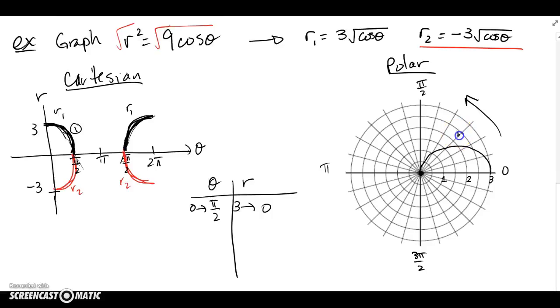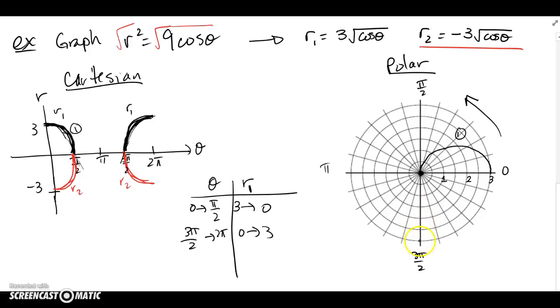So that's piece 1. And then if I stick to the block R1, I have nothing happening from pi over 2 to 3 pi over 2, and then from 3 pi over 2 to 2 pi, r goes from 0 back up to 3. It's symmetric to the other piece, because keep in mind this has polar axis symmetry. If I replace theta with negative theta, I get the exact same equation back.